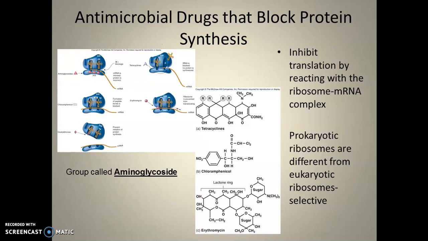Right? And then the third major group is called an aminoglycoside. And aminoglycosides are the ones that attack the proteins or block protein synthesis. So they can inhibit translation. They can interact with the ribosome mRNA complex.